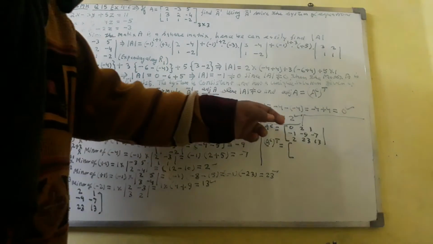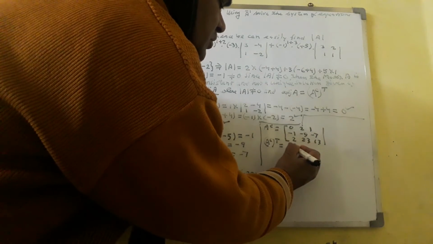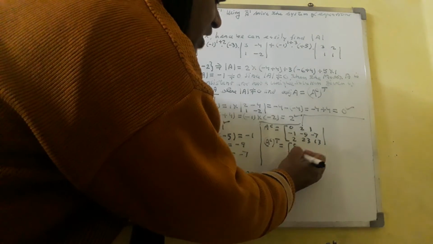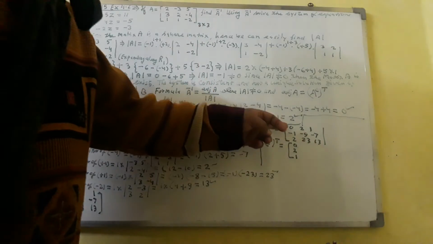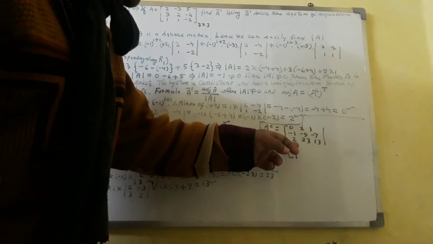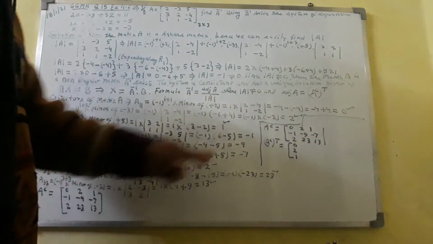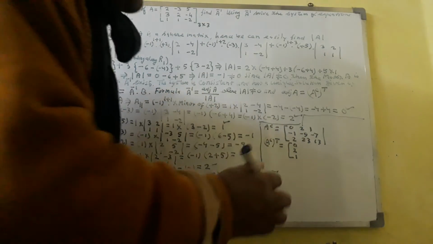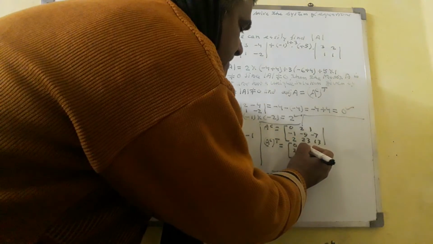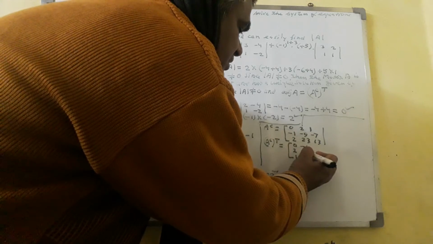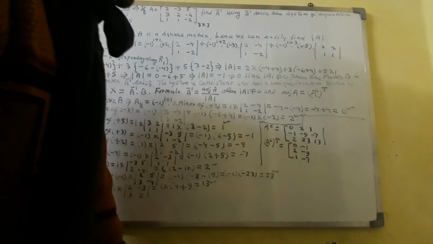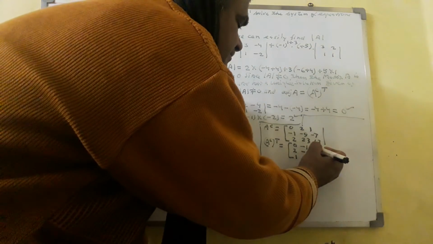The first row will become the first column, so here write 0, 2, 1. Second row will become second column. Third row will become third column.